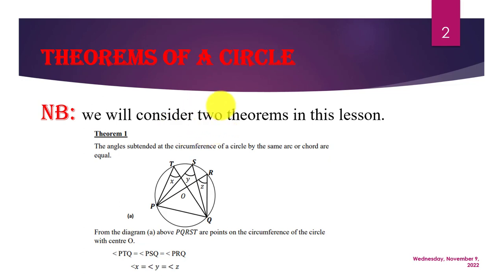That is the first theorem: the angles subtended at the circumference of a circle by the same arc or chord are equal. So far as these three angles are subtended by the same chord PQ at the circumference of the circle, we say these three angles are equal.